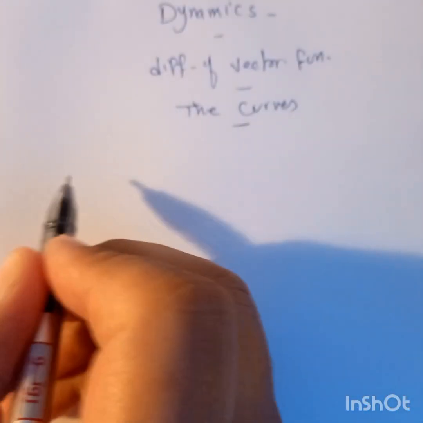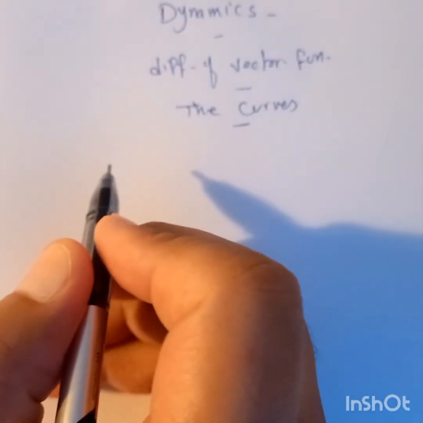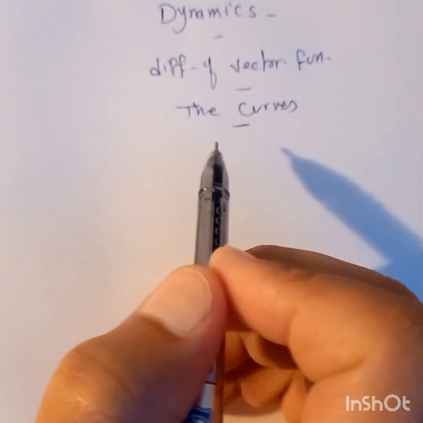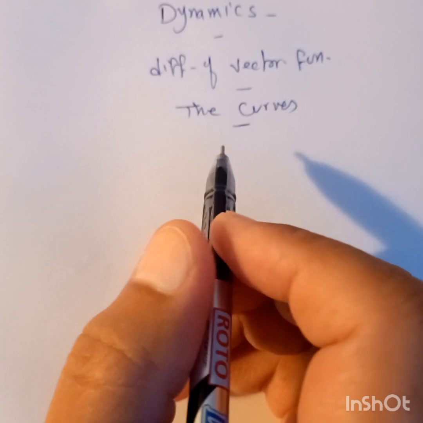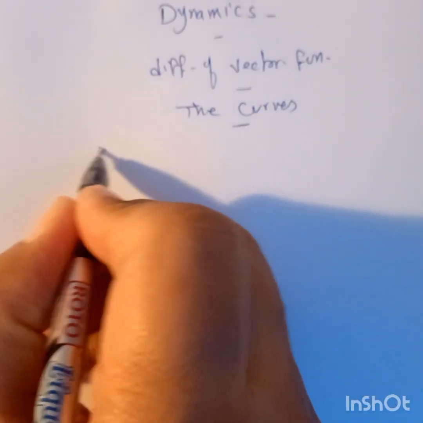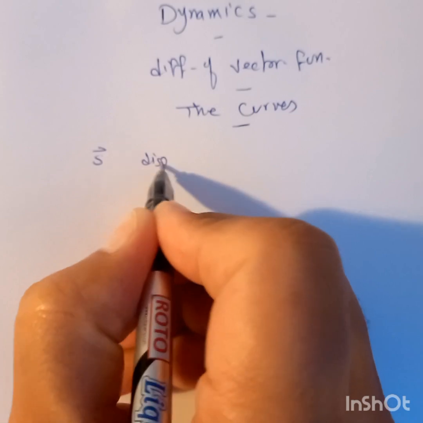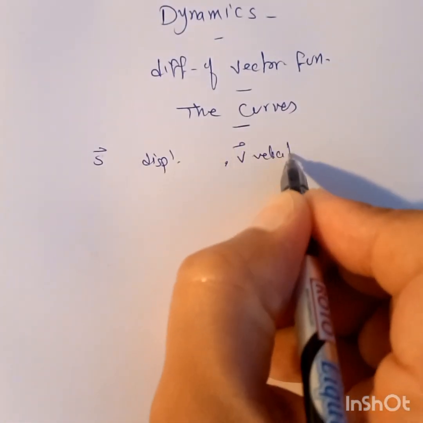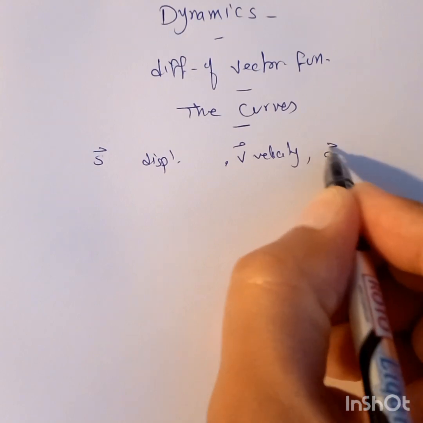As we studied before, we have different vectors relating to the collinear motion of any body moving in a straight line. We have the displacement vector S, and we have the velocity vector. We have also the acceleration vector.